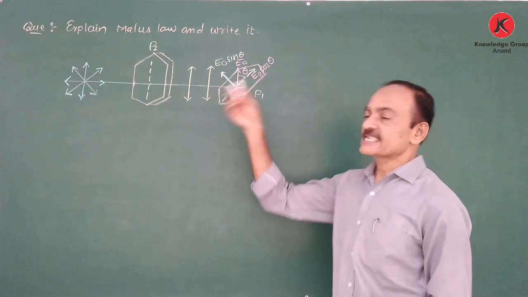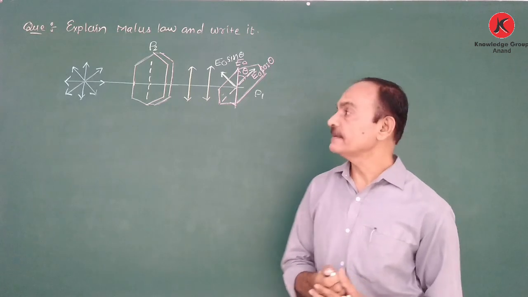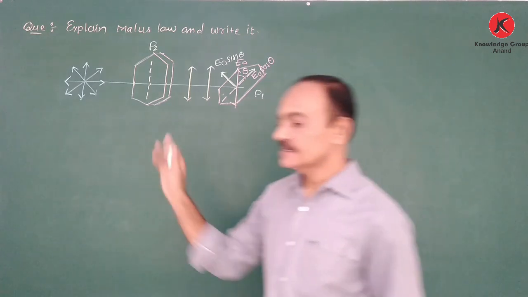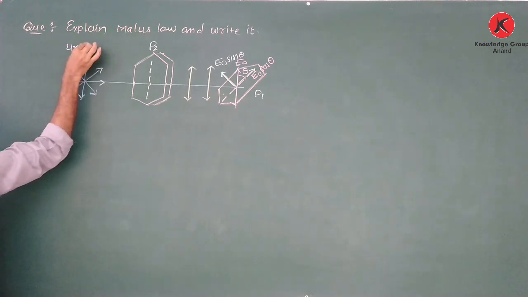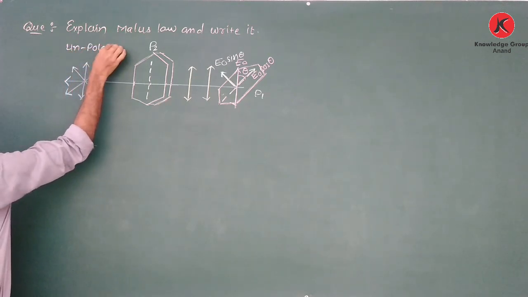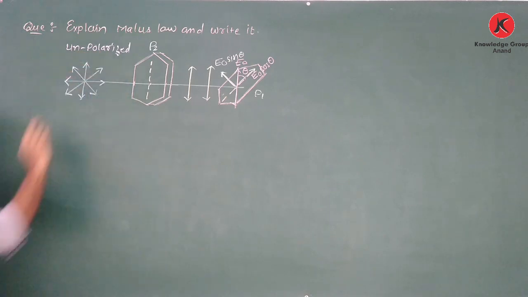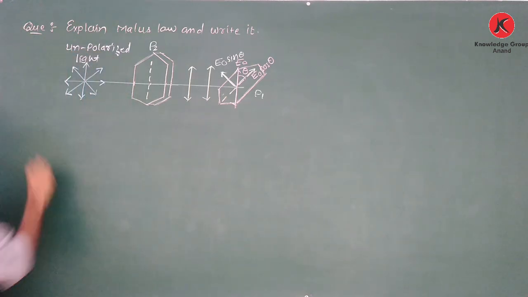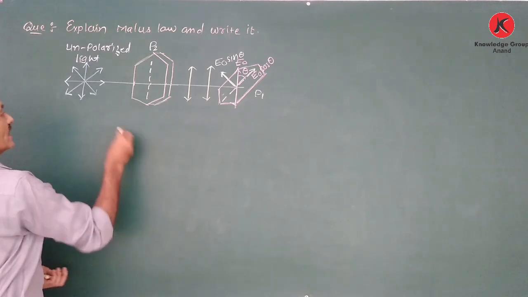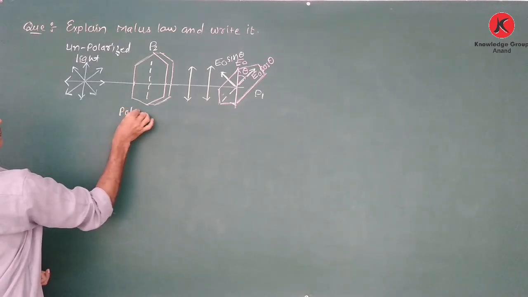Now the next question is: explain Malus law and define it. For that purpose, the unpolarized light is incident on a first sheet, that means the plate P2, that is our polarizer.